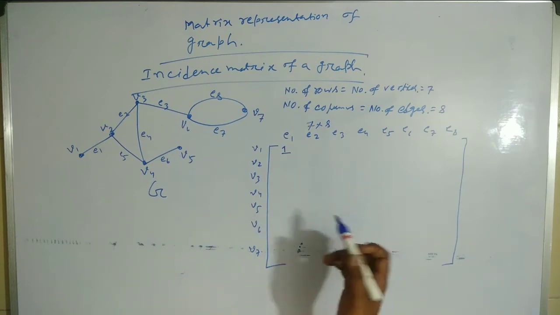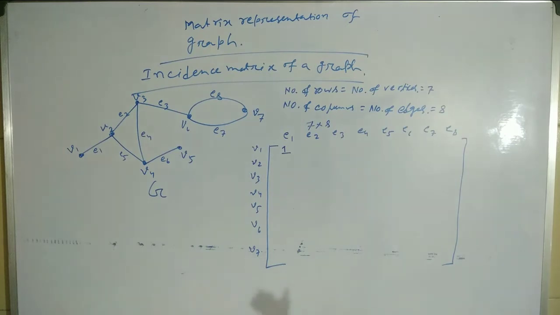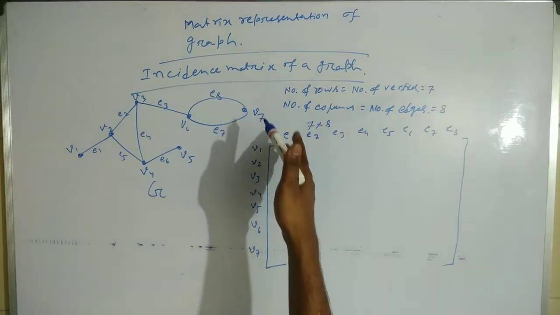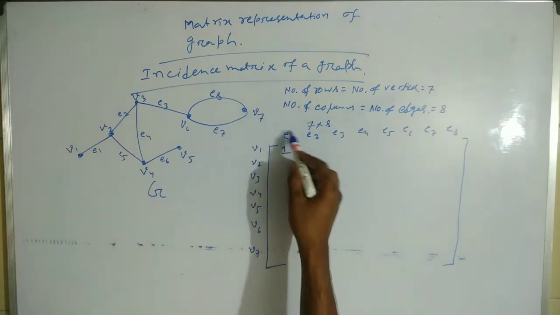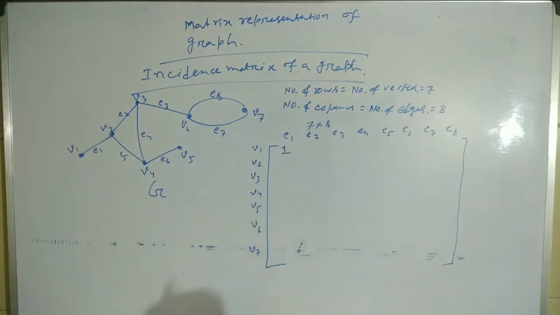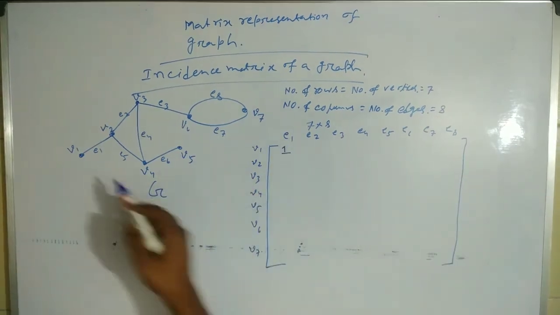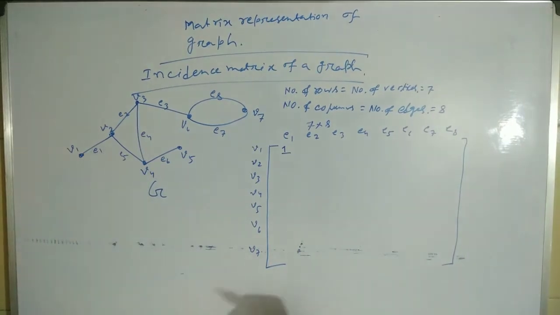Now I will suggest you write the matrix column by column. Now first consider the first column. So the edge is E1 for the first column. Since you know that an edge is adjacent with exactly two vertices, here in the graph you see that E1 is adjacent with V1 and V2.